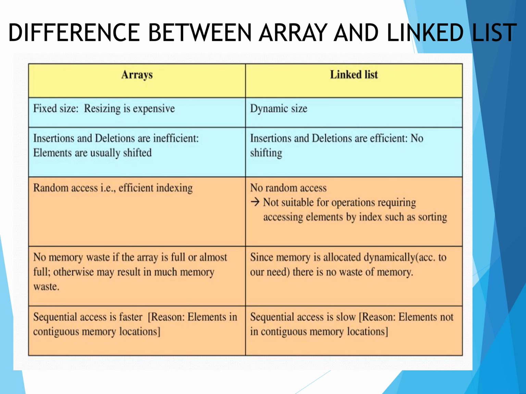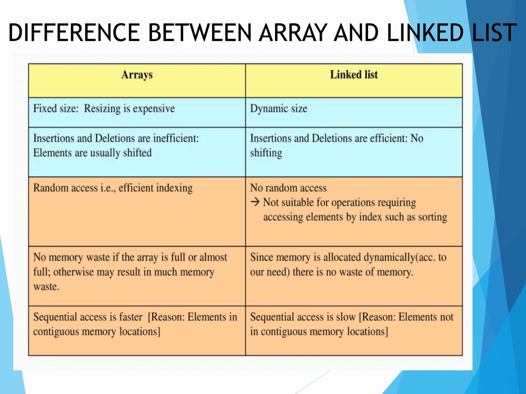The last point is that sequential access is faster in an array because the array uses continuous memory allocation storage. The elements are always stored in continuous memory space. When we fetch the first element, the next element is available at the next position in memory. But this is not so in a linked list.